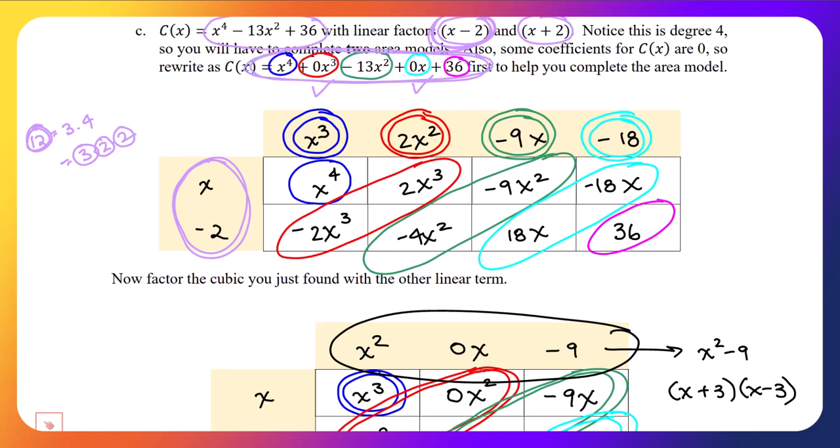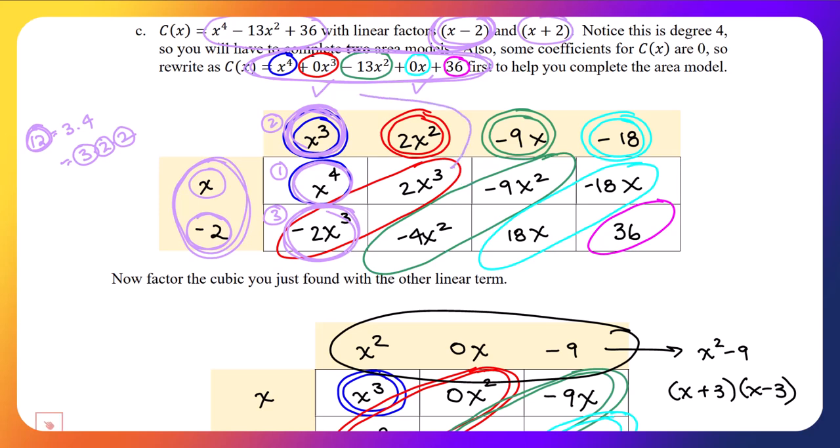So of course, to make the x to the fourth, let's put that here, I need an x cubed here, because x cubed times x is x to the fourth. x to the third times negative 2 is negative 2x to the third. Third thing I fill in.